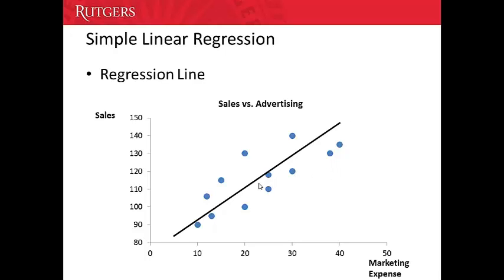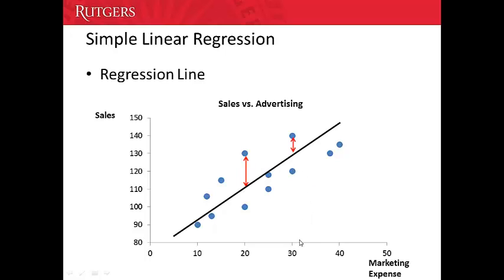For example, for this data point, the actual value is 113 in sales when we spent $20 million on marketing. The estimated value is $110 million, so the difference is the error for this data point.